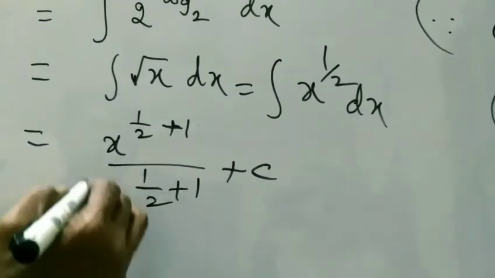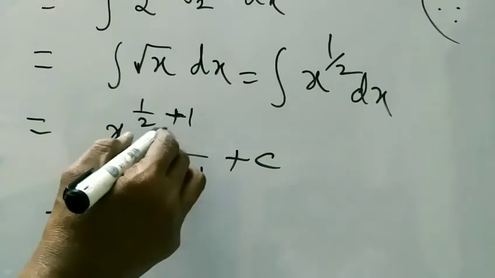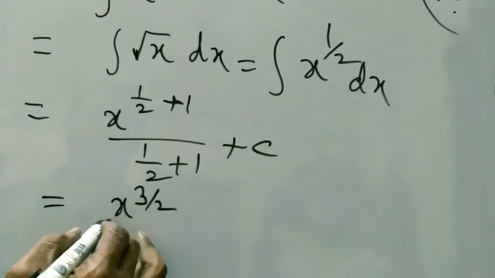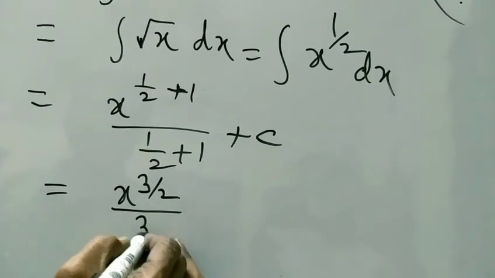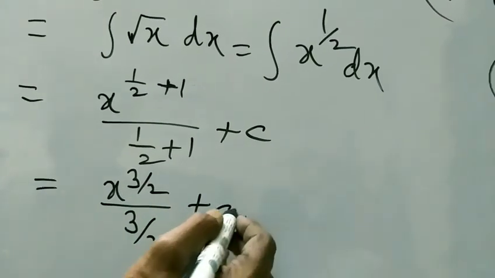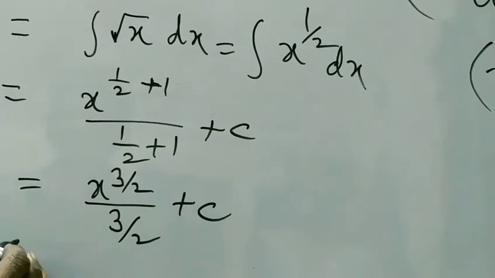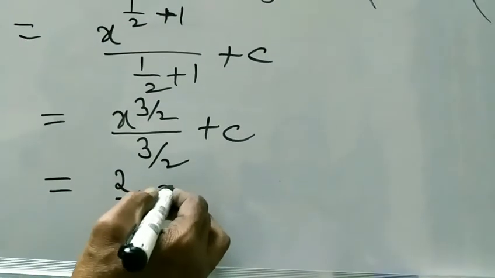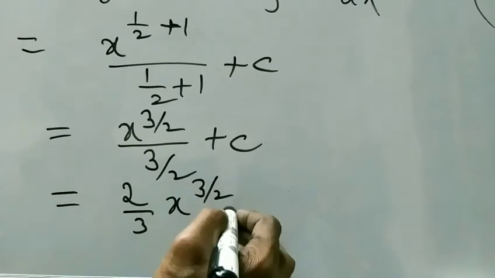This is equal to x to the power of 3 by 2 by 3 by 2 plus c. That is equal to 2 by 3 x to the power of 3 by 2 plus c.